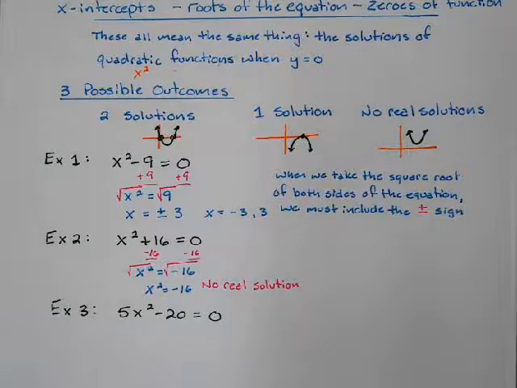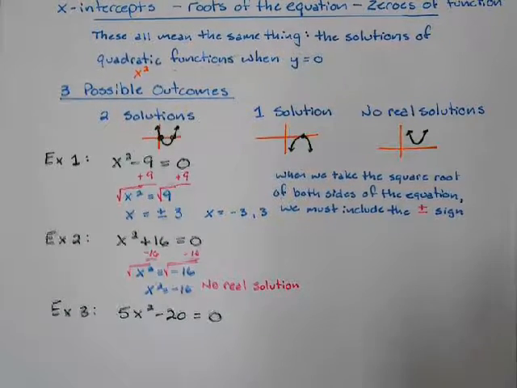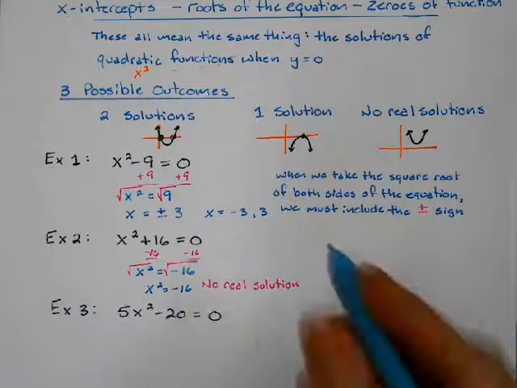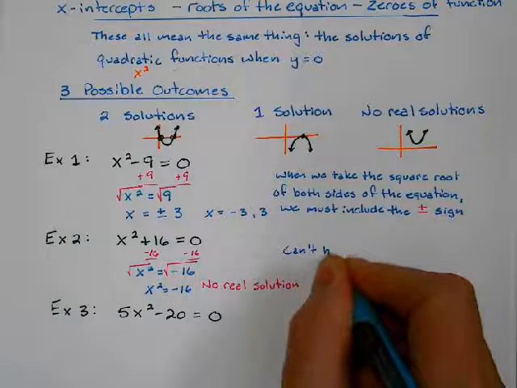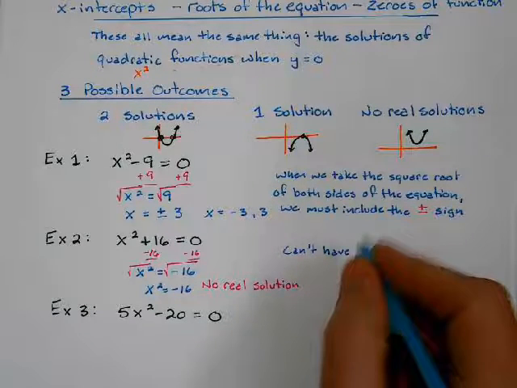We're going to find out in the next unit there are imaginary solutions, but there are no real solutions for this. Okay, so we can't have negative numbers in a square root.